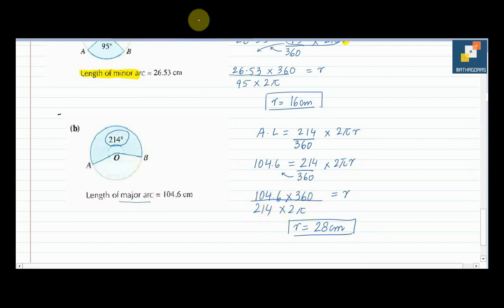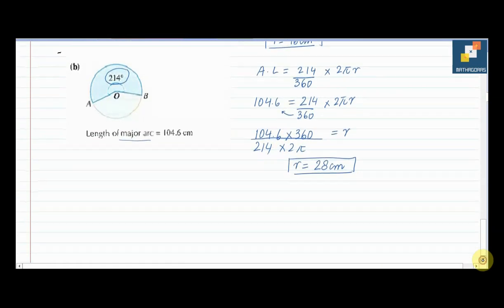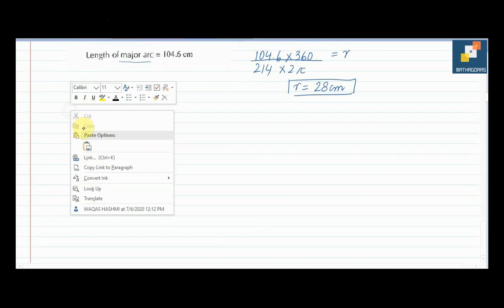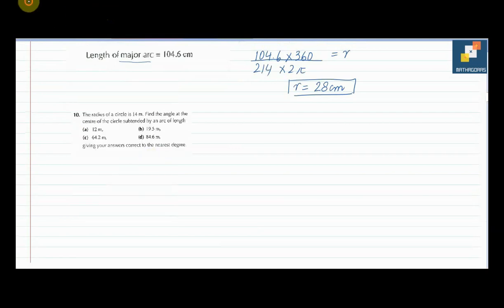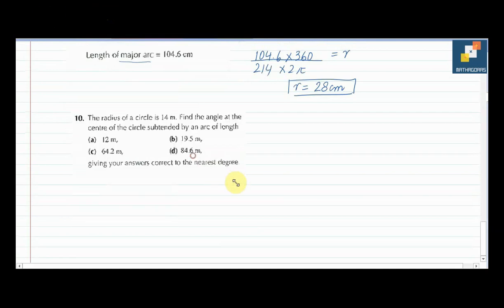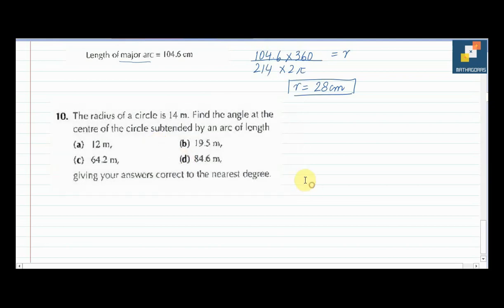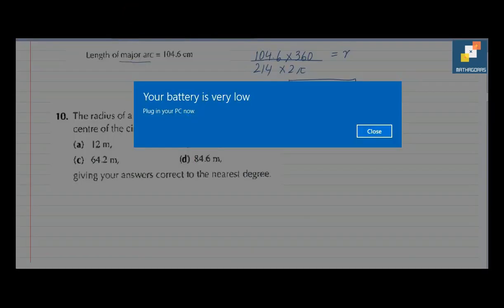Now after question number 9, moving on to the next question that is a little bit modified from this one, right? So question number 10 has 4 parts. Now you need to understand the question clearly, then you can answer it easily.